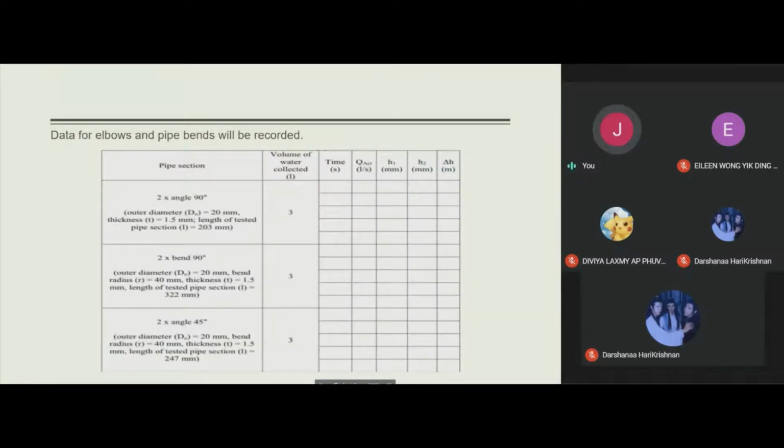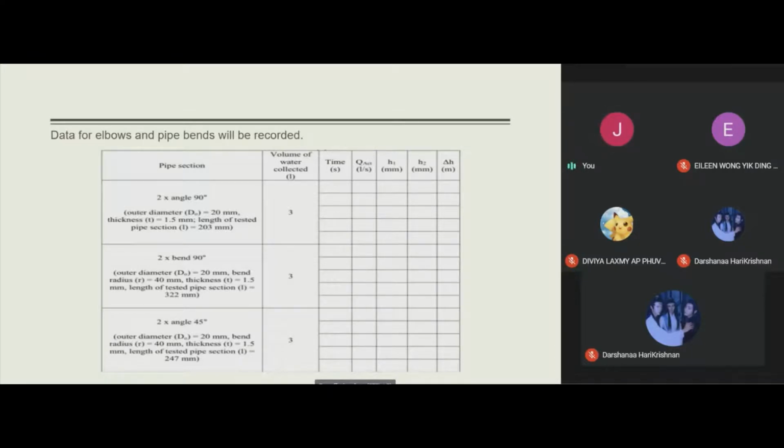And lastly, this is a table of data for different types of elbows and pipe bends. In this table, we have two elbows with the angle of 90 degrees, two pipe bends with the angle of 90 degrees, and also two elbows with the angle of 45 degrees.